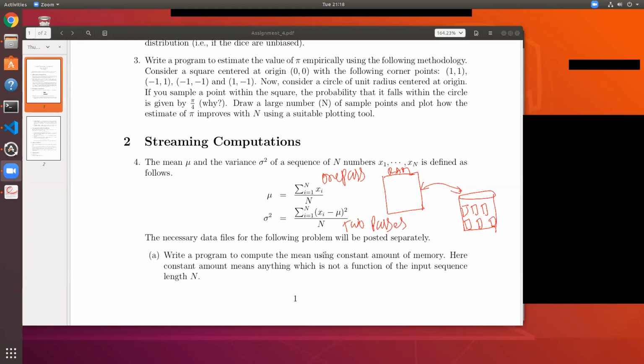So the challenge problem is, is there a way to approximately do it? You can do one thing: we can maintain a running mean. Running mean is the mean of the data that you have looked at so far.